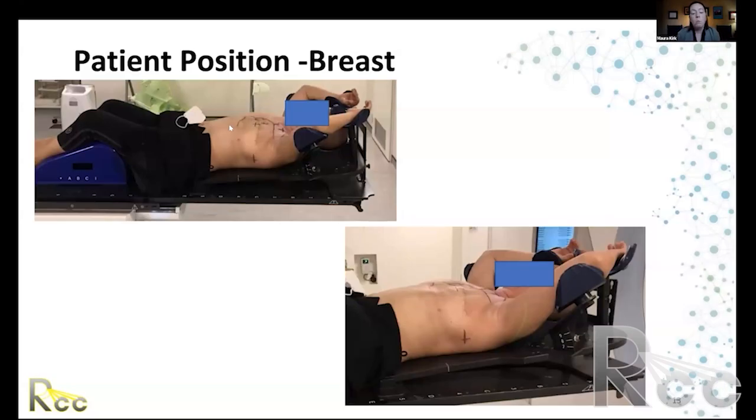So we would have a triangulation point lower down in a more stable area for marks on the body. And then we would communicate the shifts up to the breast isocenter from there. So just to give yourself a stable starting point. Frequently, marks on the breast can fall differently, and it's not really the best spot to start your setup for the patient.